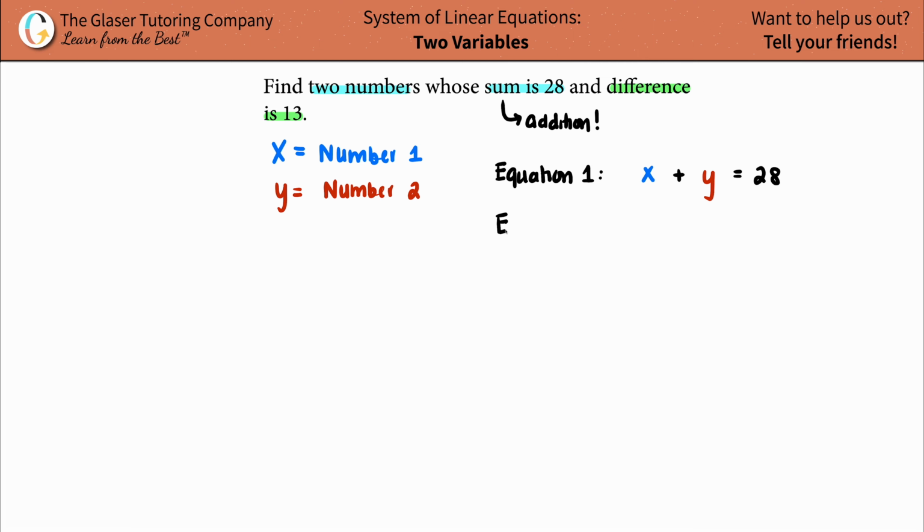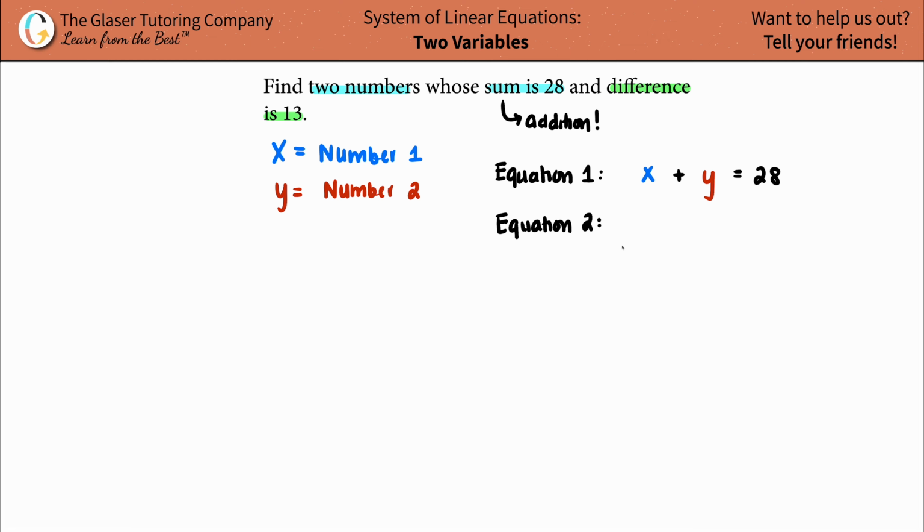Now, let's do another equation, right? Usually with two variables, the rule of thumb is two variables, two equations. So with two different variables, I am definitely looking for two equations. The second equation says that their difference is 13. It doesn't matter which one you put first.